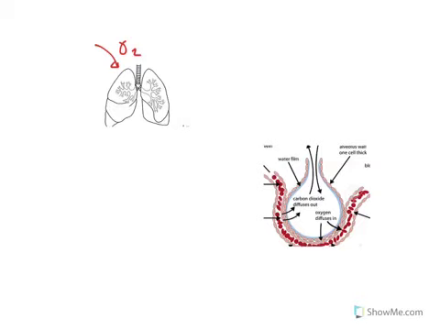Disease that can prevent normal inhalation, or oxygen getting into the lung, we call this group of disease restrictive disease. Restrictive. So what can restrict oxygen from getting into the lung? There are different types of disease that can prevent this.